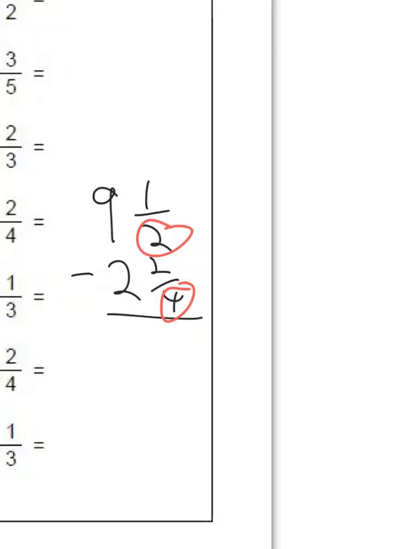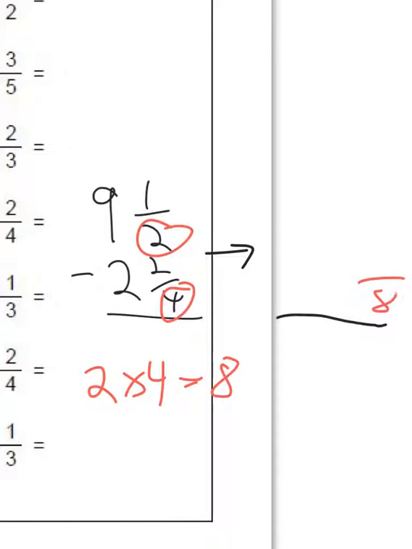What do we need to do? Divide? Not divide. We're going to multiply, right? Remember, if we don't know what to do, we have to do 2 times 4. What is 2 times 4? 8, right? So we have 8 over here. Big number stays the same, right?